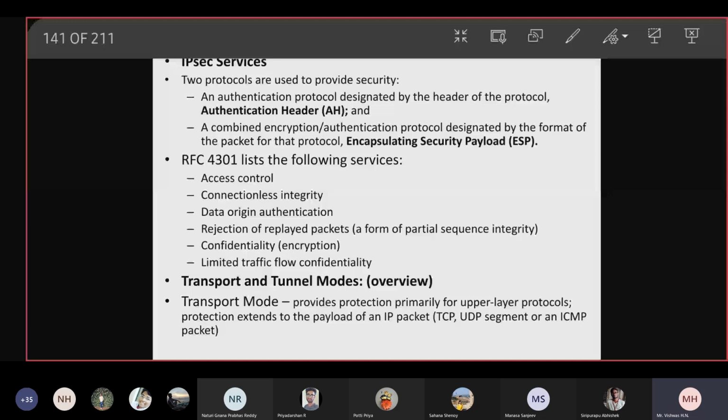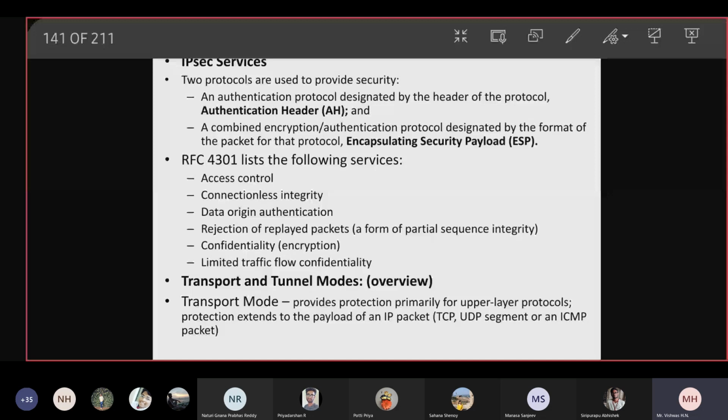In that case, the IP address will change and your packet will move throughout the internet with that header B. Nobody will get to know that there is a packet in the payload part of this packet with header B, and that packet actually has a header A. Is that clear? So basically, encapsulating a packet inside another packet by changing the header. So that's what it means.